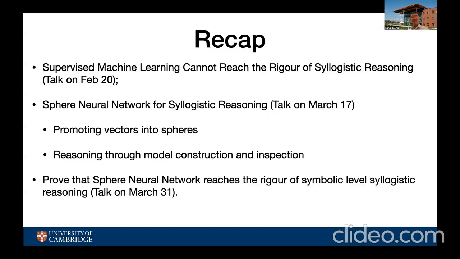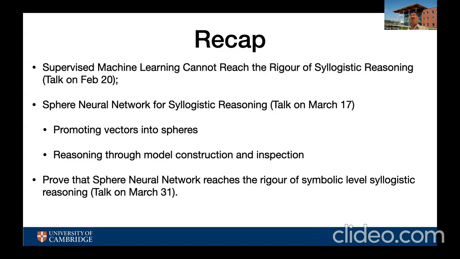And my third lecture is to prove seriously that the sphere neural network reaches the rigor of symbolic-level syllogistic reasoning. This means if a reasoning is unsatisfiable, the network knows there's no model. How does this come? We prove for any unsatisfiable statement.